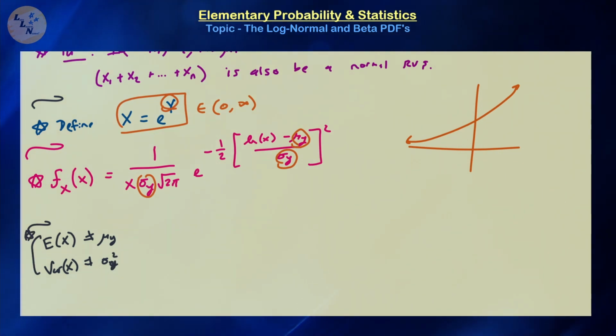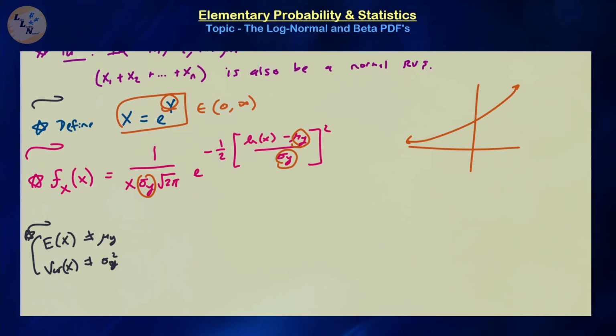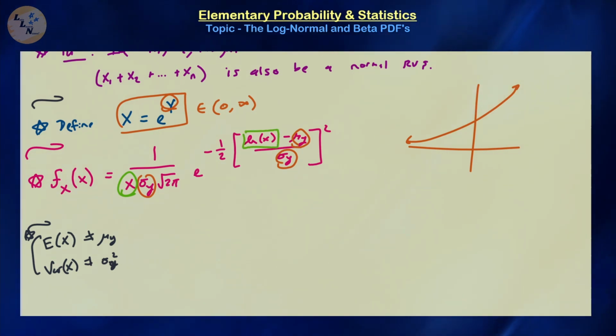It's very important to note that sigma y and mu y in this expression are just parameters of this newly defined distribution. Also note that these PDFs do share some similarities between the normal and this new distribution. In particular, the only difference is we have x in that leading rational term, and we also have the natural log of x instead of x, where natural log of x is sort of replacing x in the normal random variable.